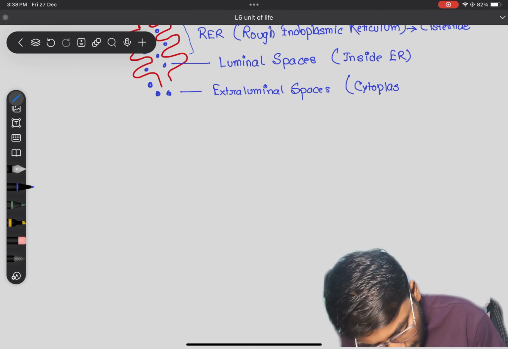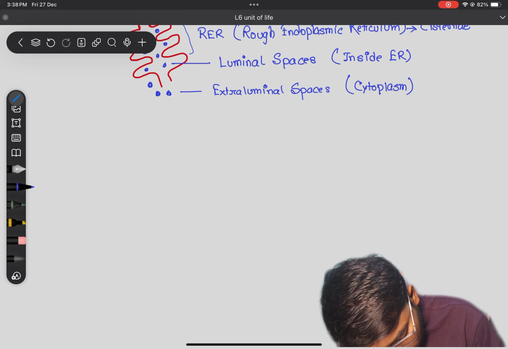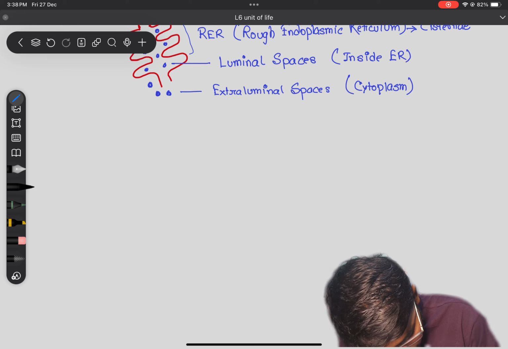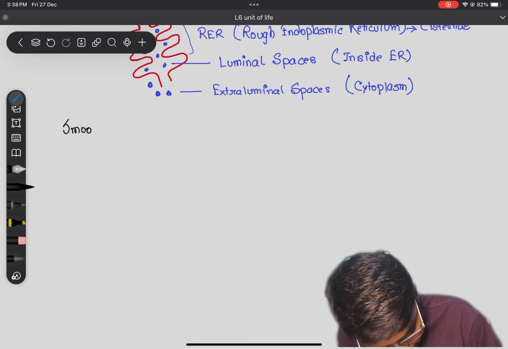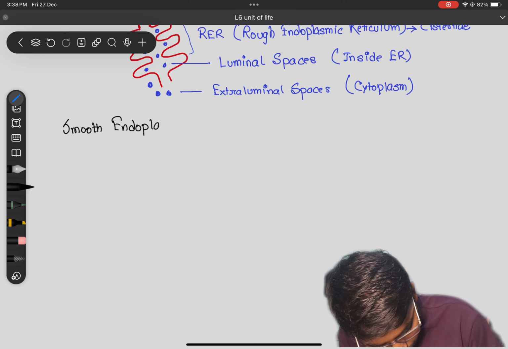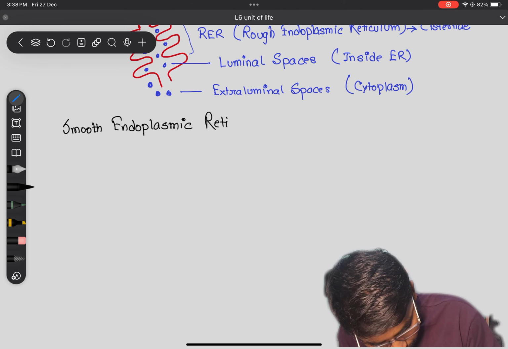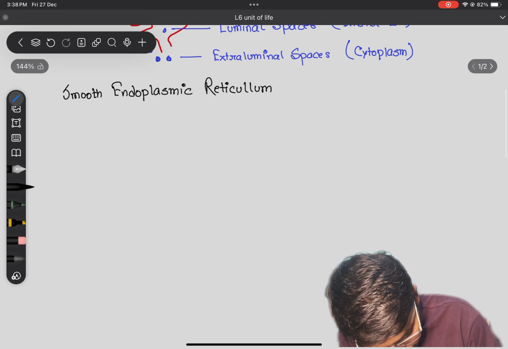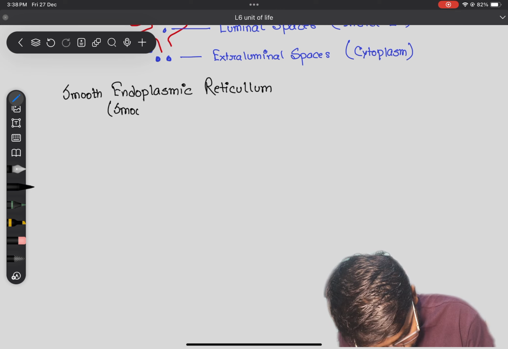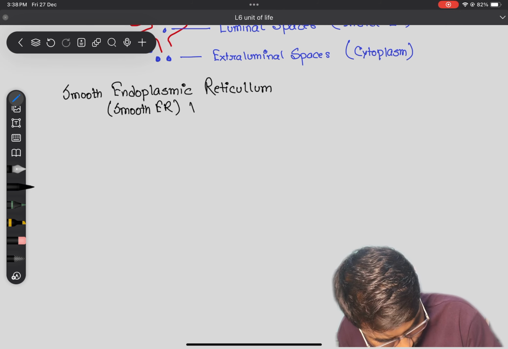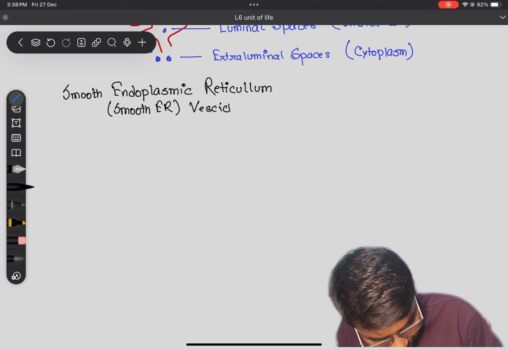Okay, the smooth endoplasmic reticulum, or the smooth ER, has vesicle and tubule.